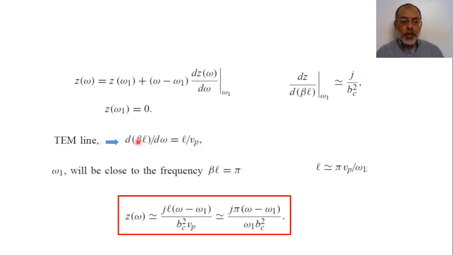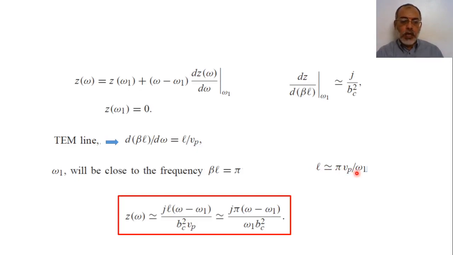So this omega over VP multiplied by L, if we are taking the derivative of omega L over VP by d omega, it would be L over VP. So now we have the value of d beta L over d omega equals L over VP.